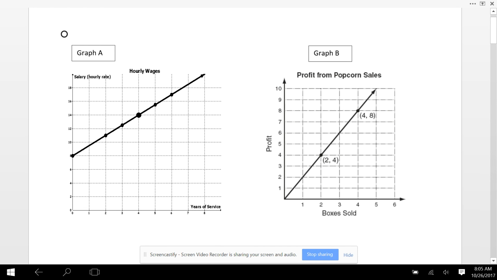All right, so question number 1 asks which relations were a direct variation. Remember, direct variation is y equals kx. So when x equals 0, y equals 0, which means it always, always, always has to go through the origin.